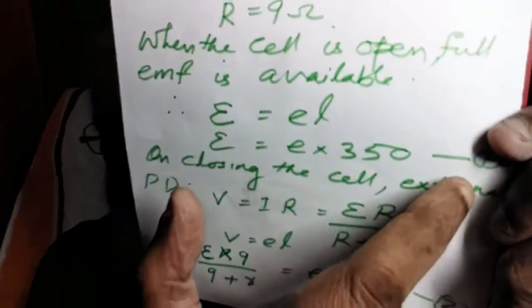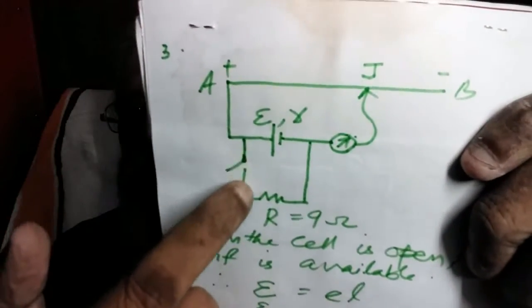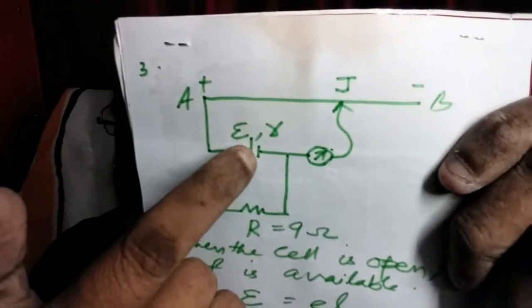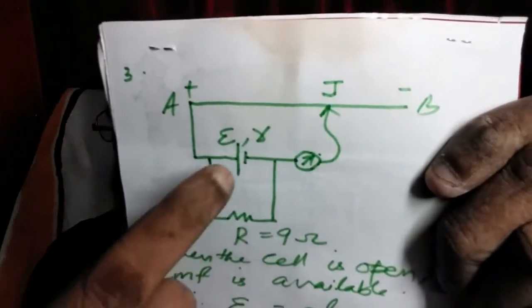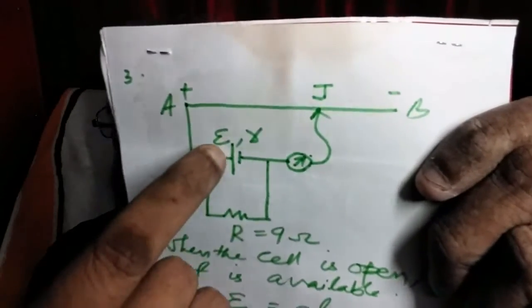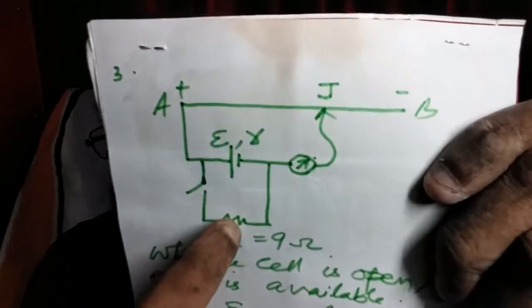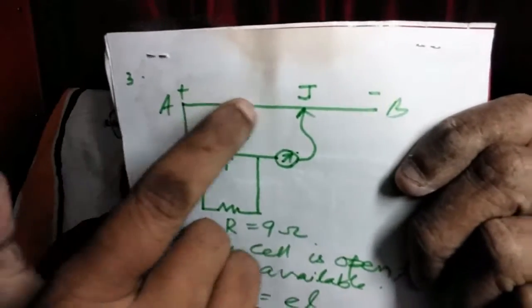That's equation number 1. Now when you close this key, this cell will send a current through this R, then its terminal PD will fall below the EMF, and the terminal PD balances a segment of the potentiometer wire.